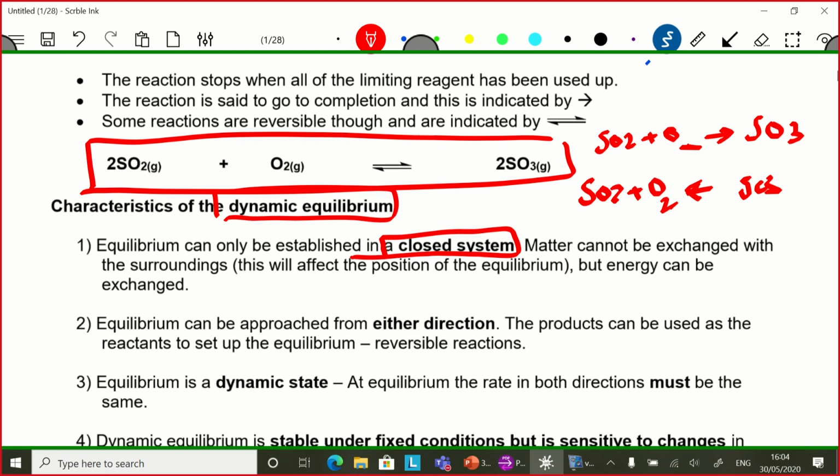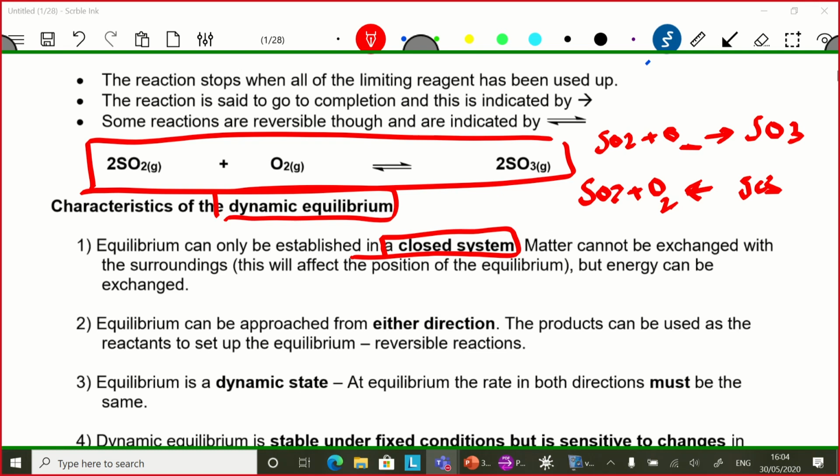By closed system, that means you're running the reaction in a closed container. So you can't have a reversible reaction in an open system, where the vessel you're running the reaction in is open to the atmosphere. It needs to be in a closed container.